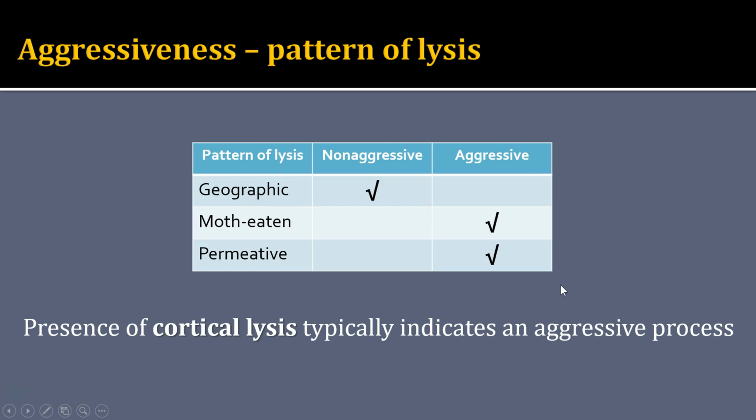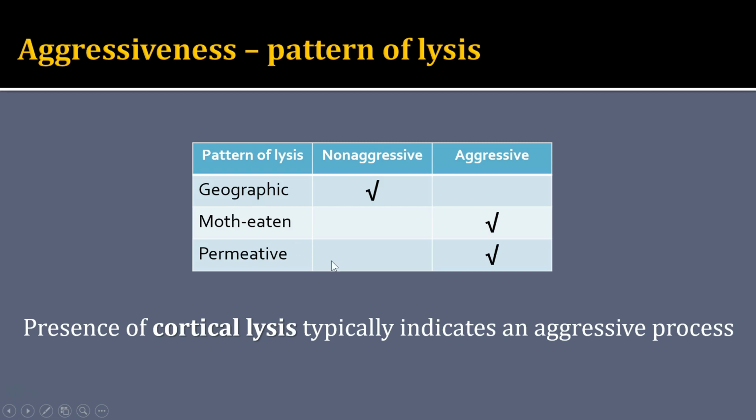Let's talk next about aggressiveness of a lesion. And we're going to start out thinking about our pattern of lysis. And when we look at those 3 patterns of lysis, and again, this table you can refer to later, geographic lysis is very commonly a non-aggressive process.